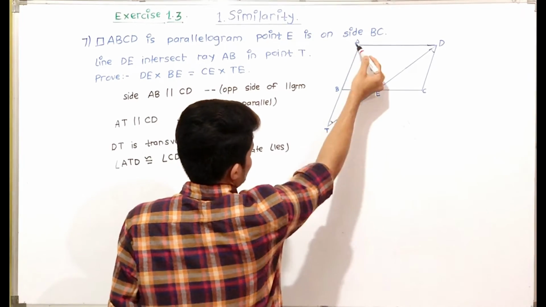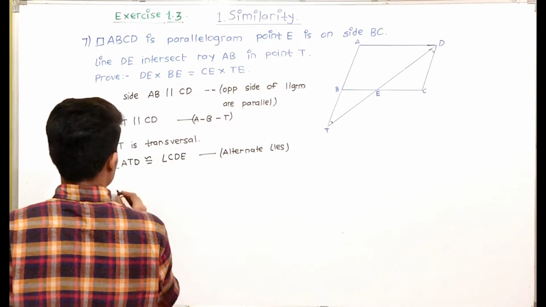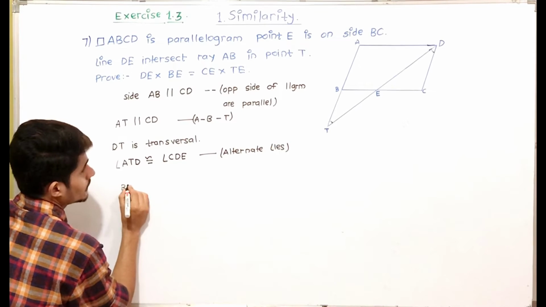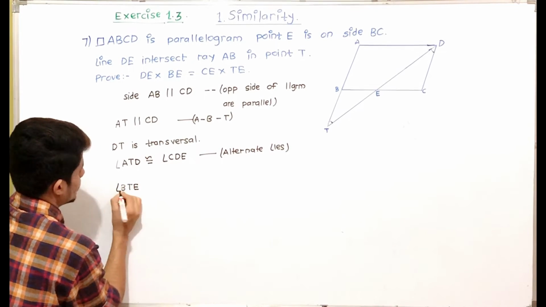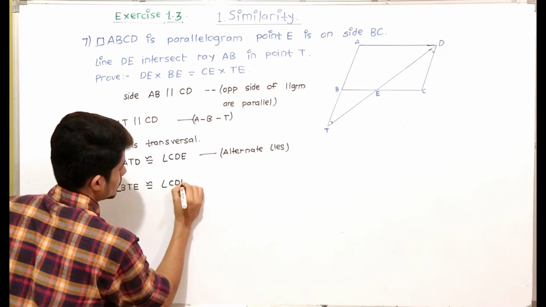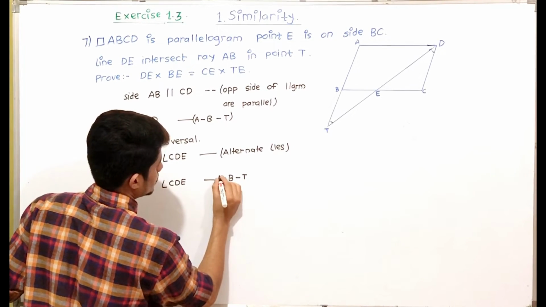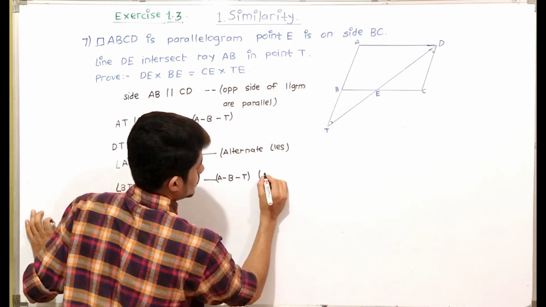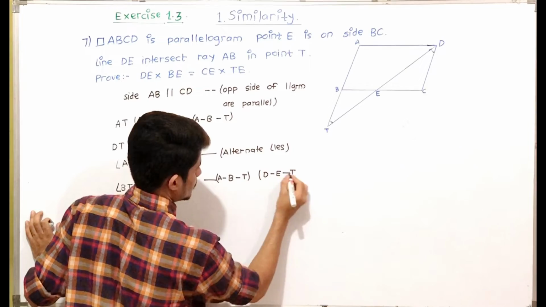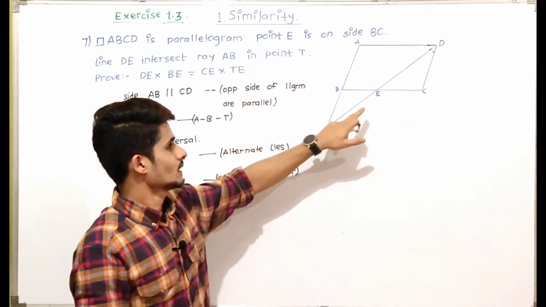Why? Because B is in the middle of AT. Similarly, E is in the middle of DT. So instead of writing ATD, we will write BTE. Angle BTE is congruent to angle CDE.